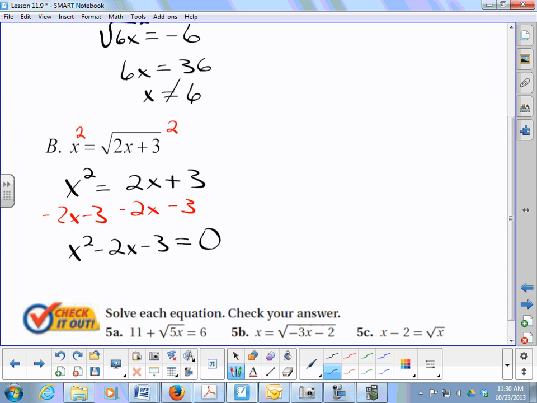Since I have a quadratic equation equal to 0, to solve it, I want to factor. So what do I get when I factor this very, very, very difficult quadratic function?